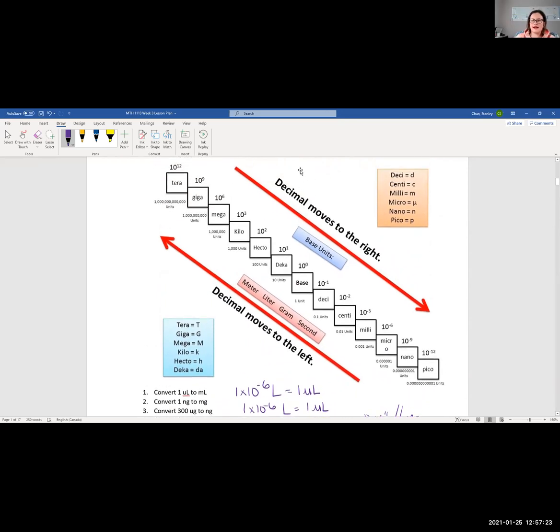So what Sandy and Adam both were saying is essentially, with 1 microliter, if we're going from micro to milli, that's 3 jumps, and the decimal moves 1, 2, 3 spots to the left. So you're left with 0.001, and this turns into milliliter.